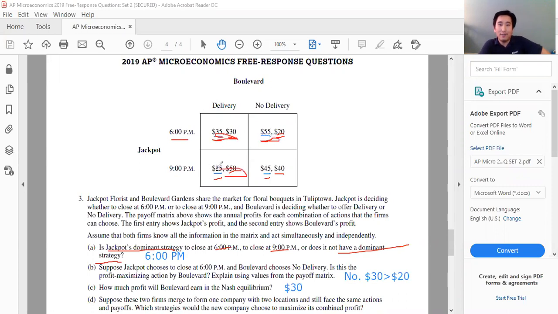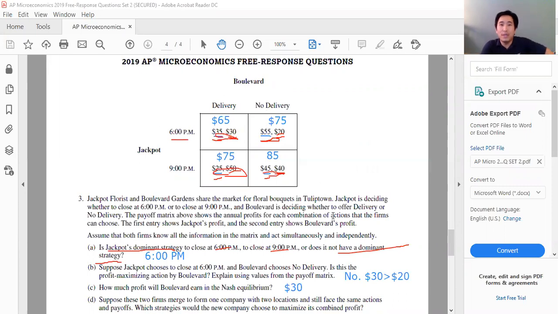Delivery at 9 p.m. would also be 75, and lo and behold, no delivery at 9 p.m. would be 85 here. So this is a simple matter of combining, using your math skills to determine: 65 total right here, 75 total right here, 75 total right here, and 85 total right here.